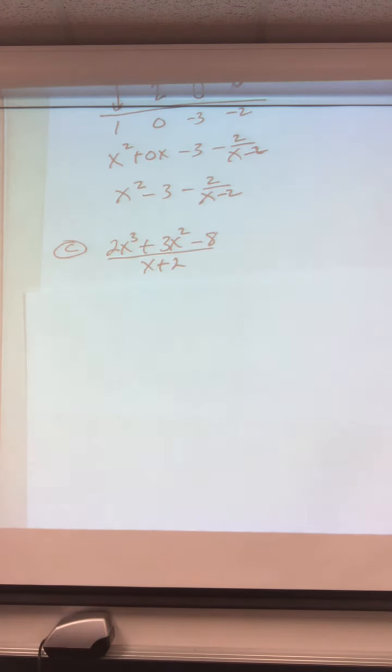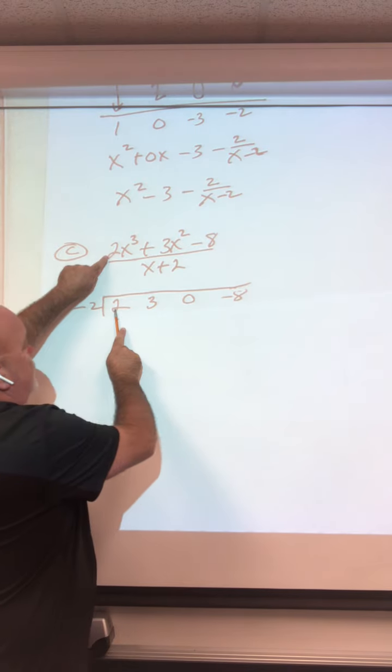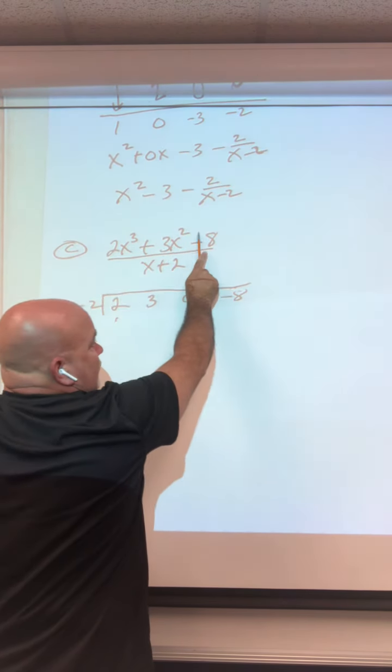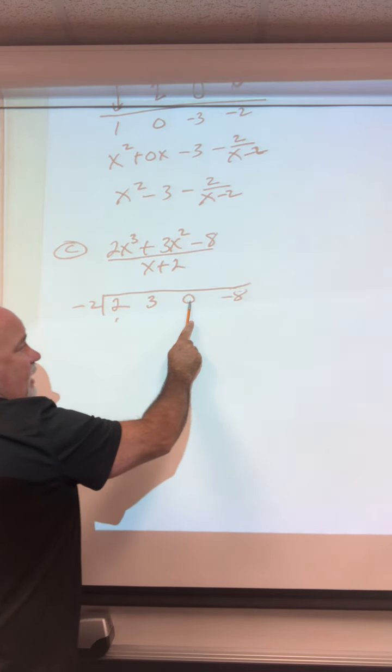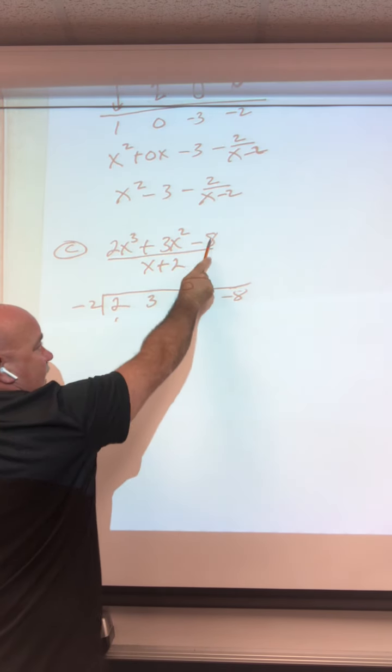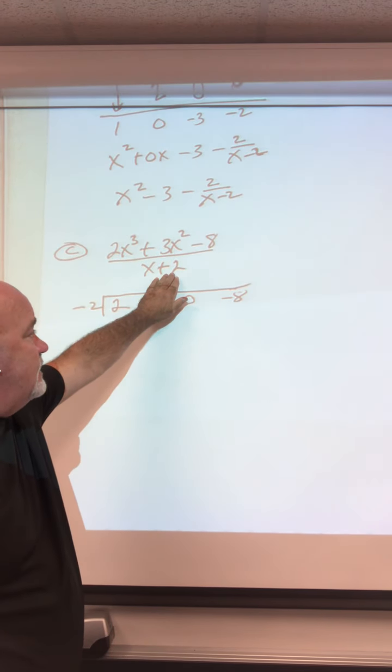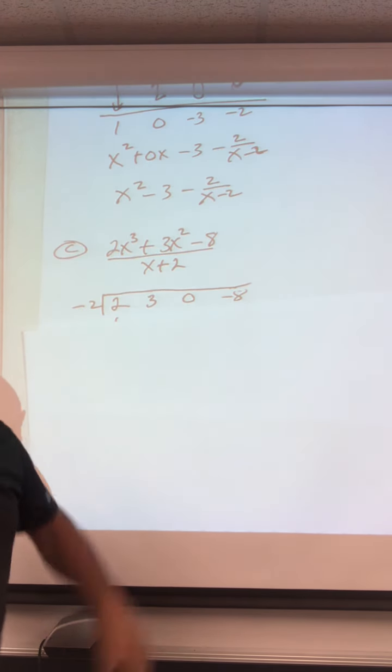So when you go to set up your synthetic division, 2, 3, so that's x^3 and x^2, but there's no x^1. So you have to put a 0 in for that, and then the negative 8. And take the opposite of this number, which is negative 2 now.